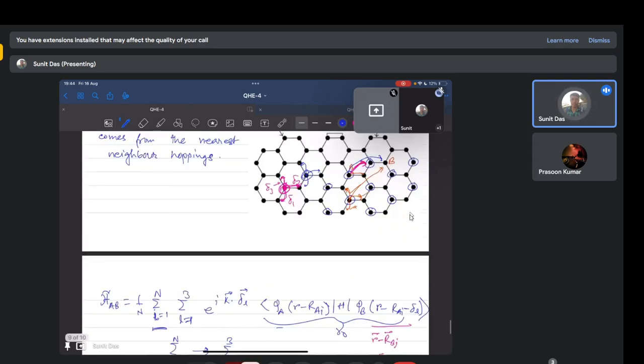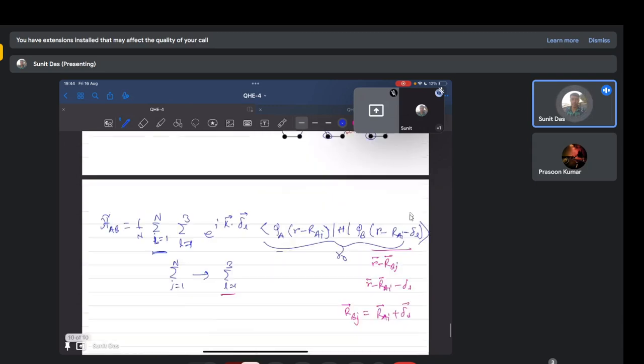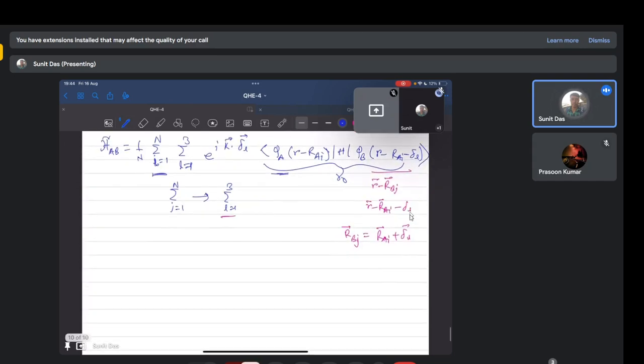It doesn't really matter whether you are counting from this atom or that atom. All give me gamma 0. So the whole expression becomes i independent, gamma 0 constant. So this term gives rise to simply the sum over l equal to 1 to 3 of e to the power i k dot delta l, times gamma 0.